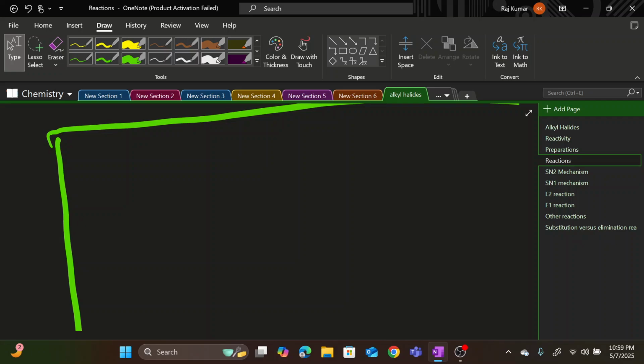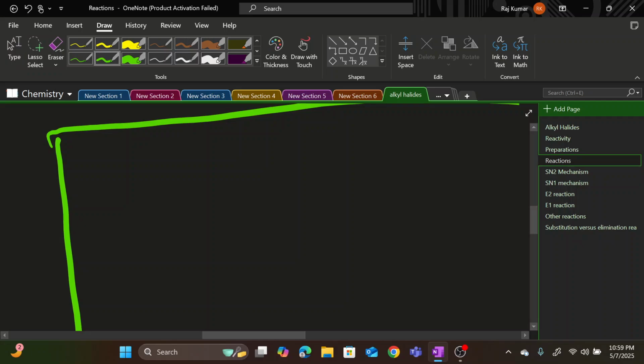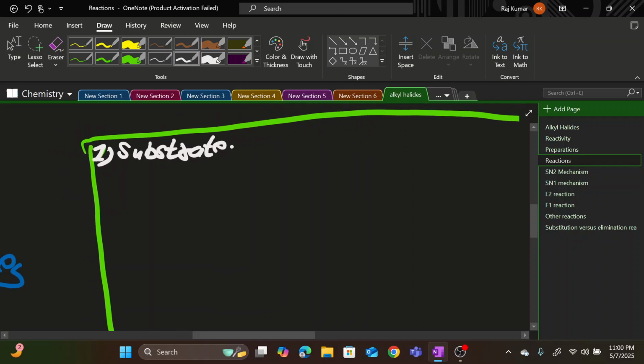There are certain terms used in this chapter. Number one is substrate. What is a substrate? Substrate is the reacting molecule in which the actual reaction is happening. So the substrate over here is the alkyl halide. The second component is the nucleophile.